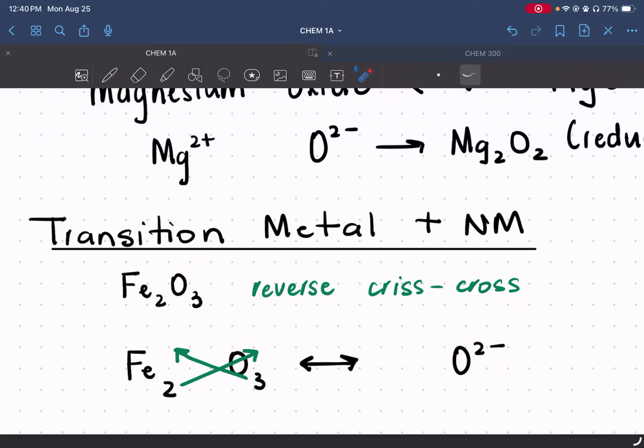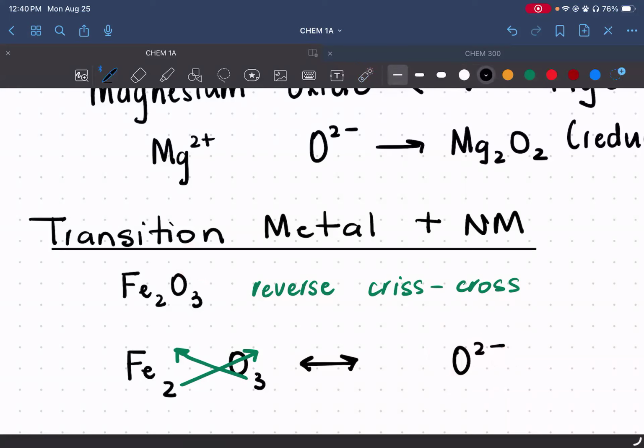Both of those logics make sense. Number one, you should already know by default that oxygen is negatively charged ideally. You also should be able to know that on the right side of the formula, it's negative.